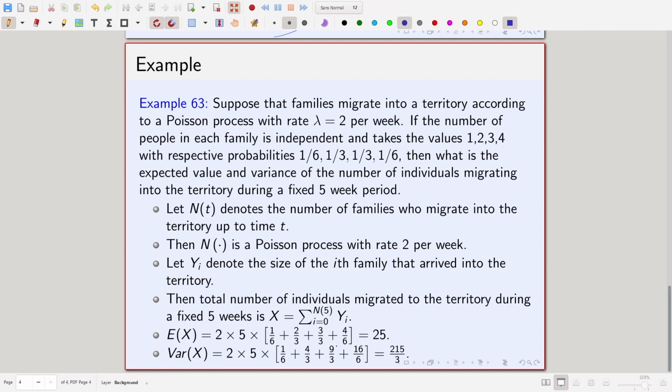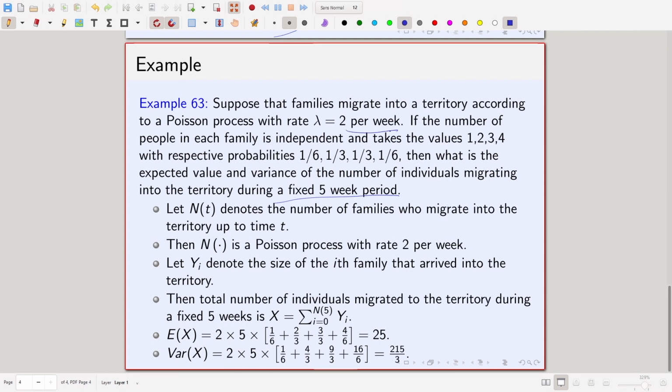Suppose that families migrate into a territory according to a Poisson process with rate lambda equal to 2 per week. Now, if the number of people in each family is independent and takes the values 1, 2, 3, 4 with these probabilities, then what is the expected value and variance of the number of individuals migrating into the territory during a fixed 5-week period?